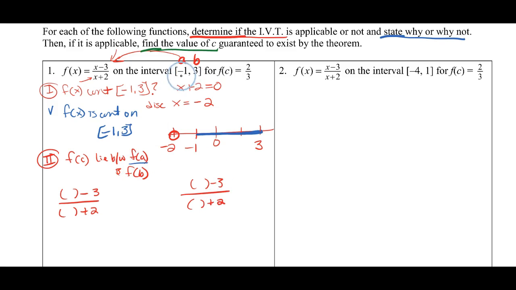For f of a, or f of negative 1, I plug in negative 1. For f of b, or f of 3, I plug in the 3. So I get negative 4 over 1, or negative 4. This is my f of a.